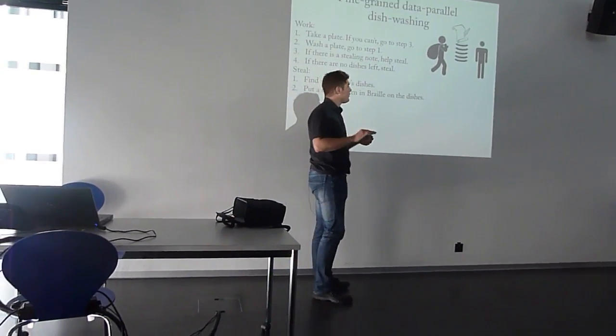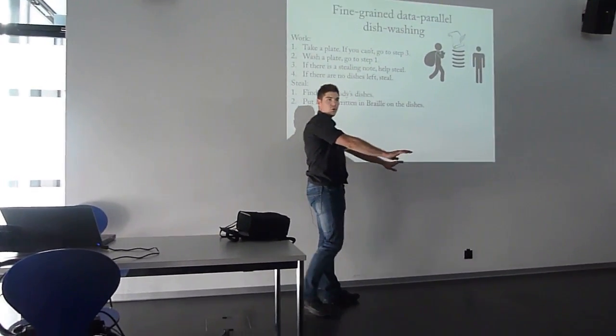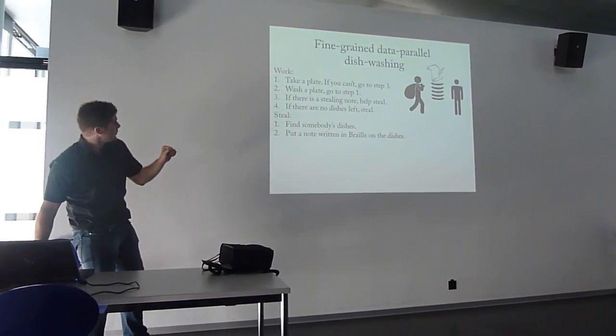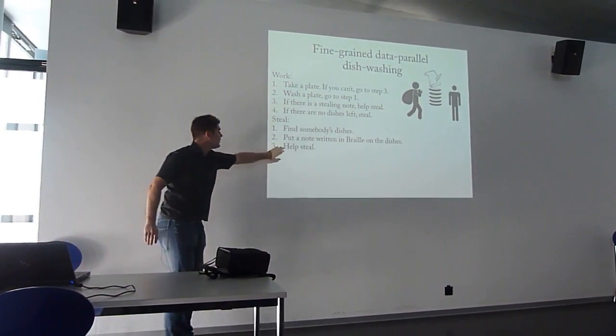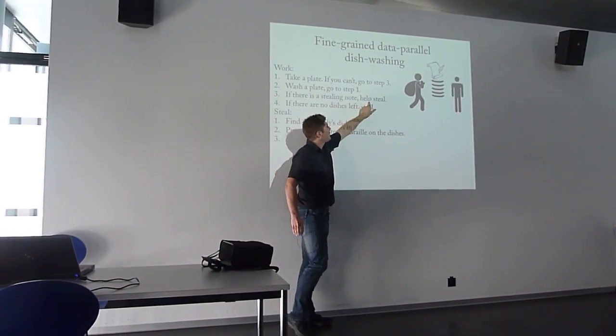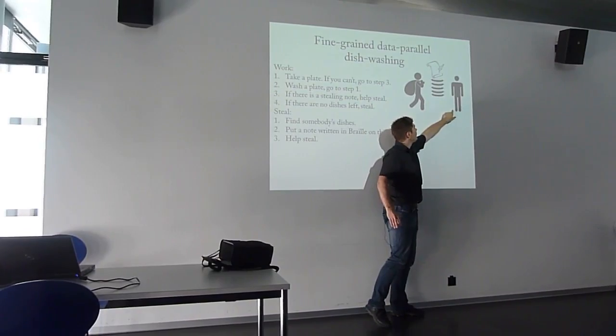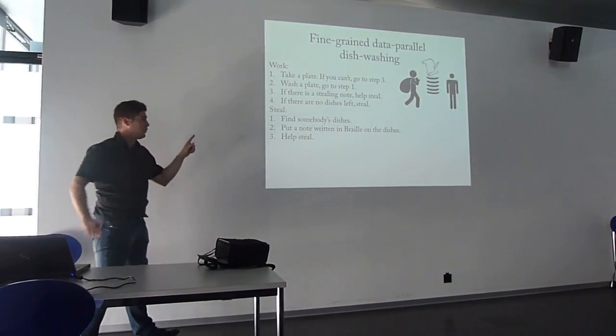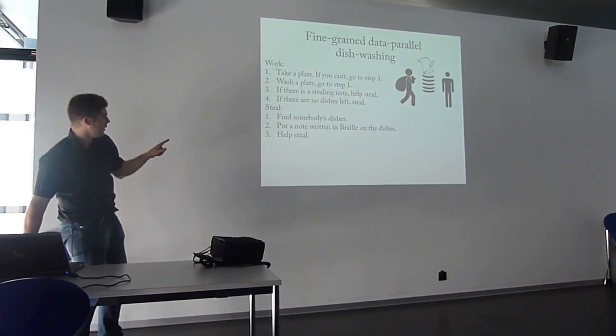Let's divide them in half, and let's put them in 2 piles just in front. And this is what's written on this note. And then he runs the same algorithm, help steal, which is exactly the same as the help steal algorithm that the original worker does if he finds the note. So they together do the same thing if the note appears on the top, which is the following.